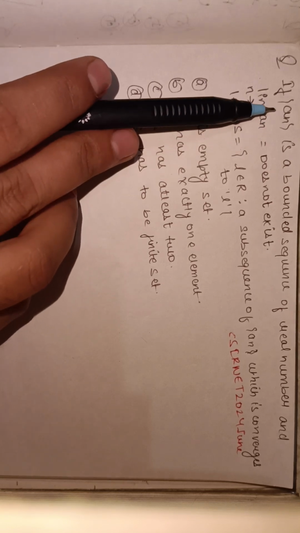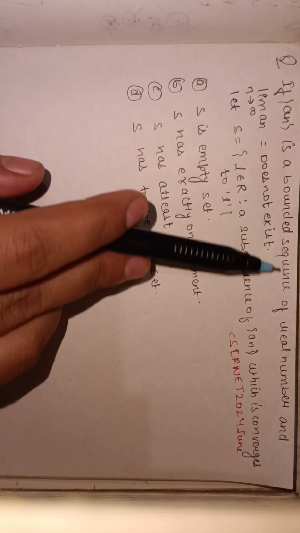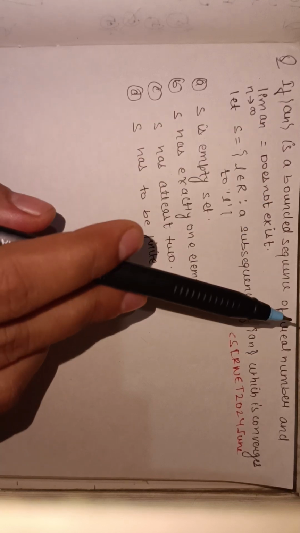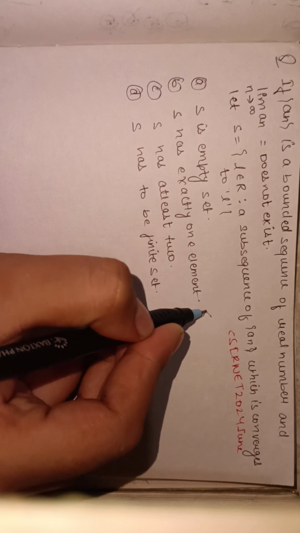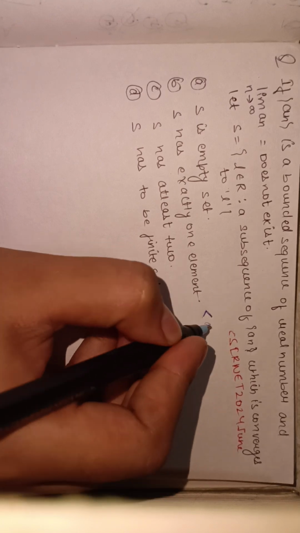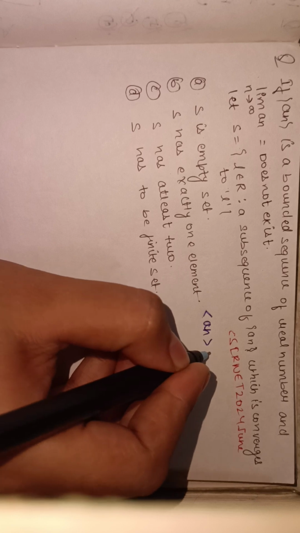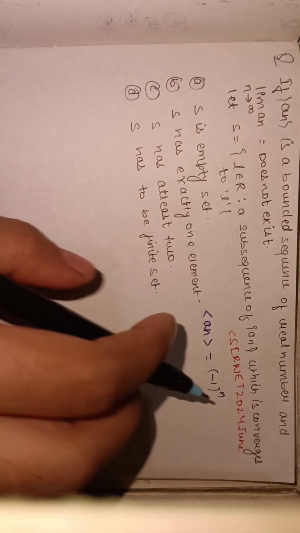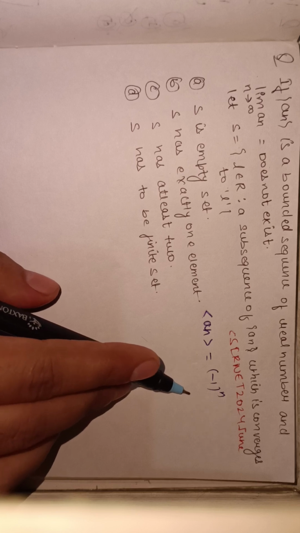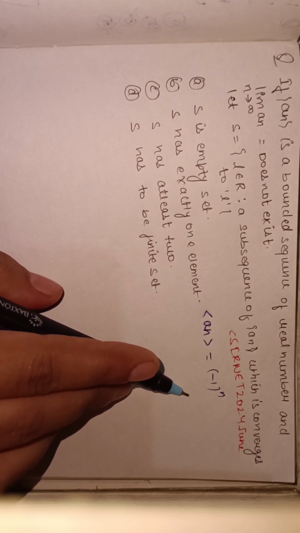Here the sequence is bounded but its limit does not exist. So if we take the sequence a_n = (-1)^n, we see the sequence is bounded but it is not convergent.